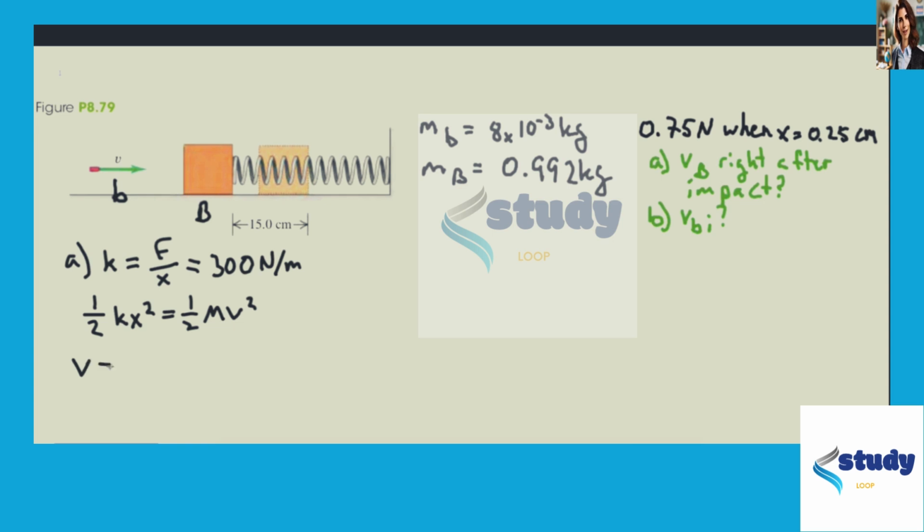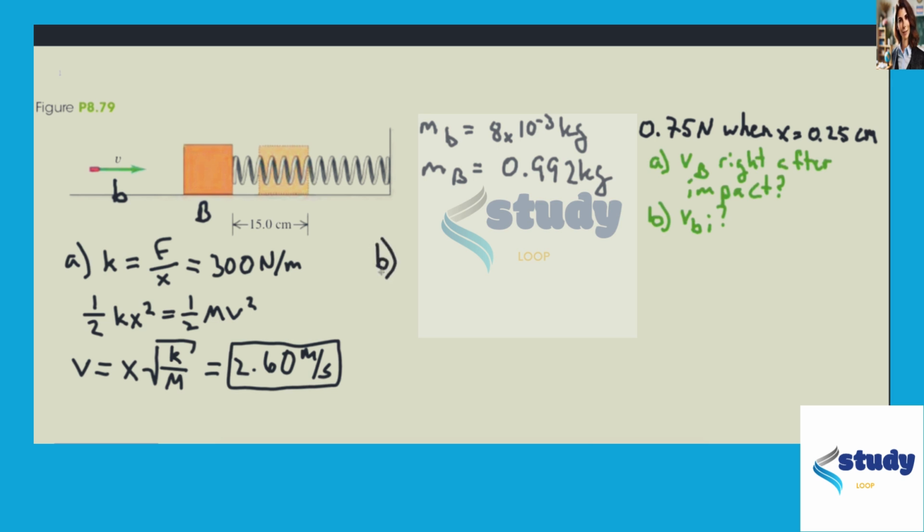So our speed here is going to be x times the square root of k over the combined mass. And this gives us 2.60 meters per second. So far, so good.